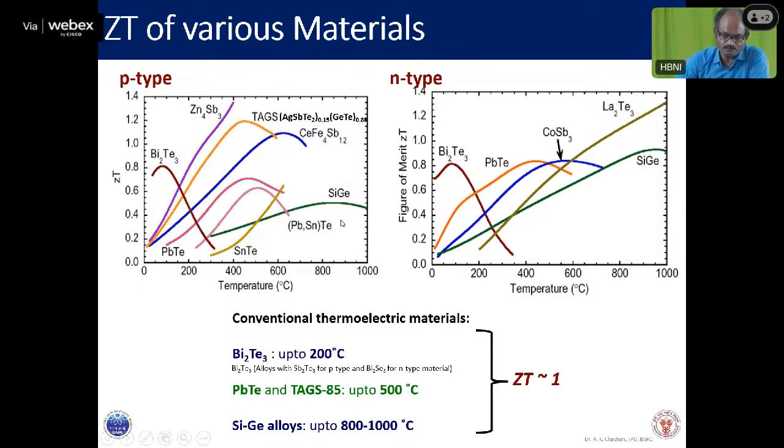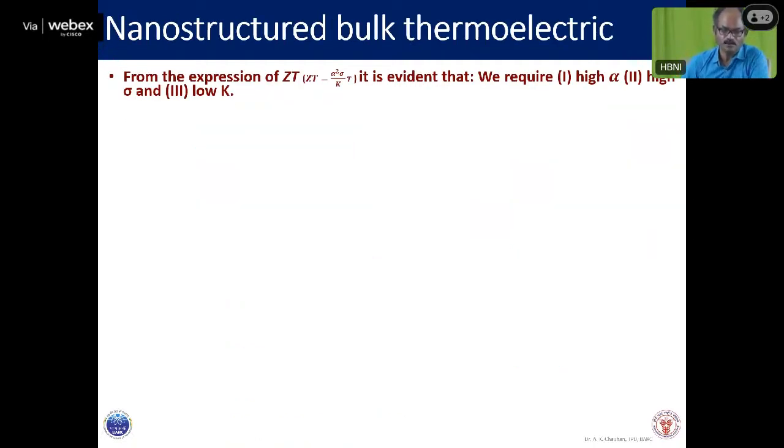And if you want to use it at even higher temperatures, suppose 800 or even more, in that case silicon germanium is the base material. So for temperatures nearly 1000 degrees, you go for silicon germanium and others.